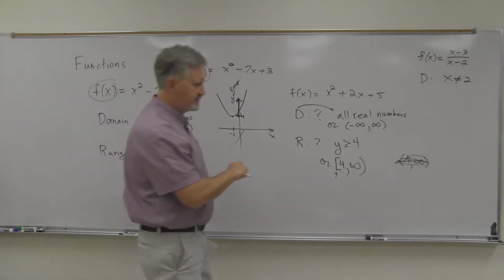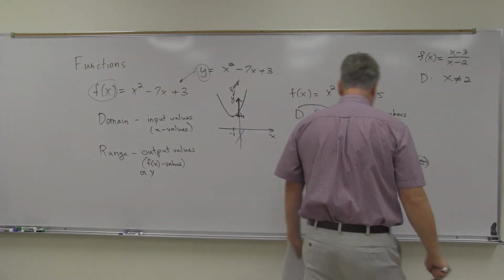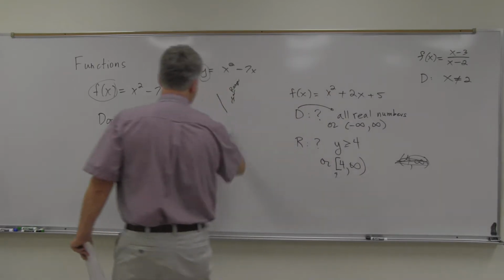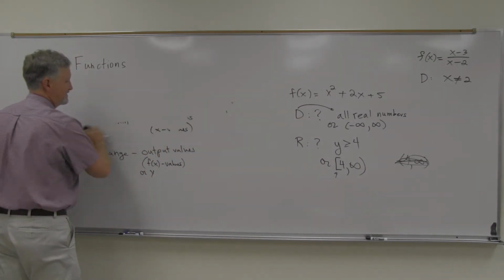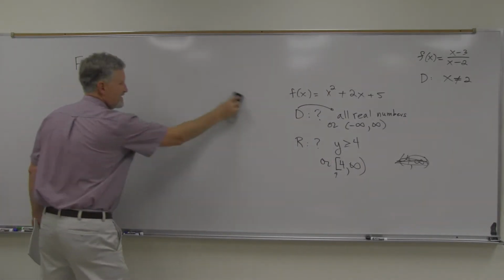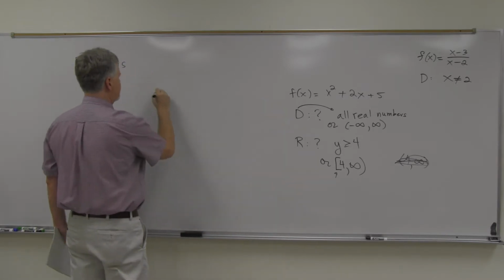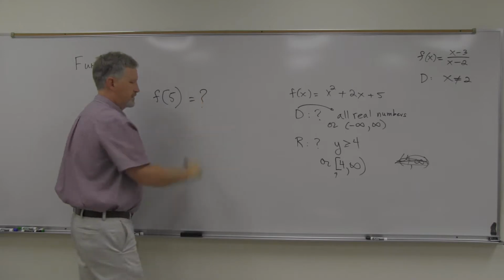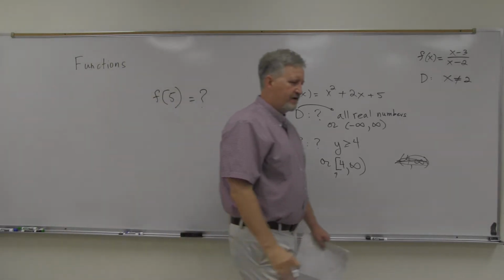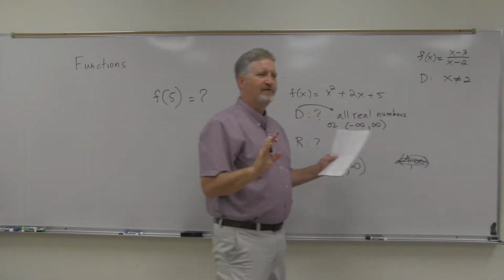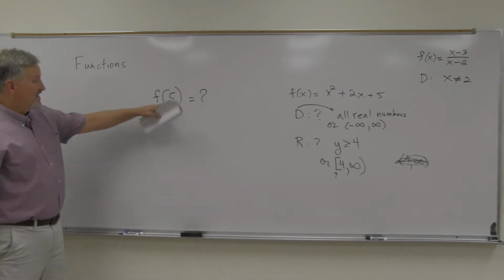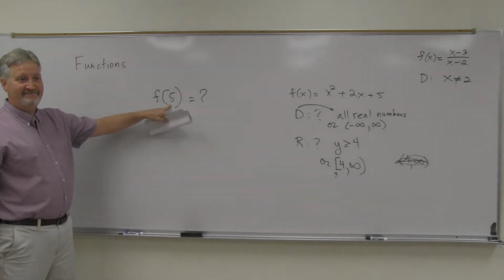All right, now, using the same example here, just again, getting back to the swing of it on some things. For this function, let's evaluate f of 5, or f parentheses 5. So what does that mean? That's our input value, right?